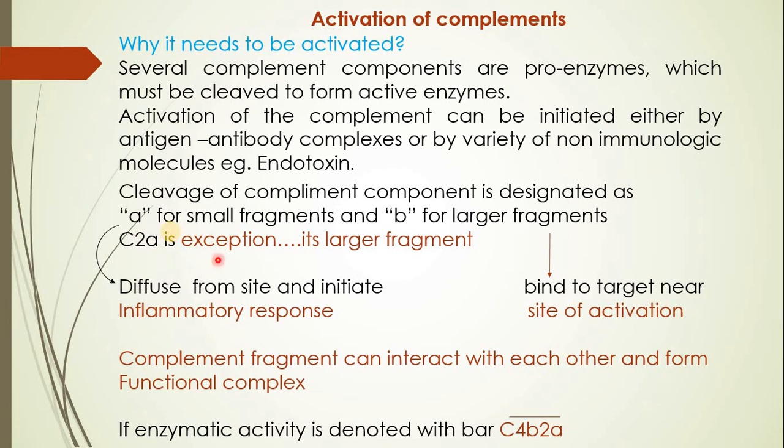The exception is only C2A, wherein A is not defining the smaller fragment, instead it is defining the larger fragment. So you can remember that except C2A, for all the other complements, that is C1, C3, C4, C5 and so on till C9, A will be denoting the small fragment and B will be defining the larger fragment.